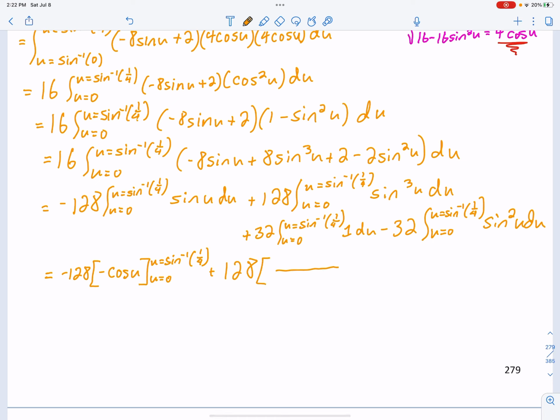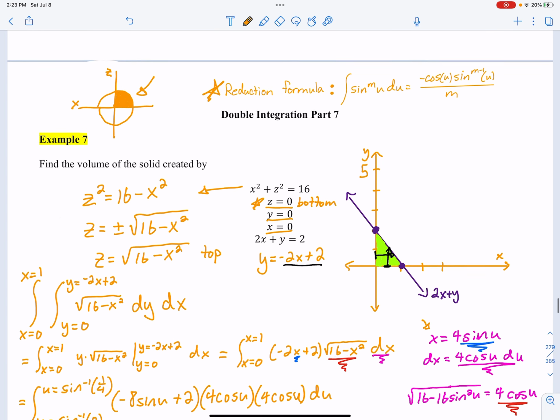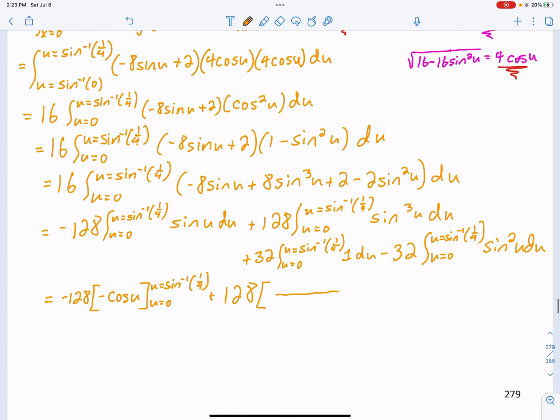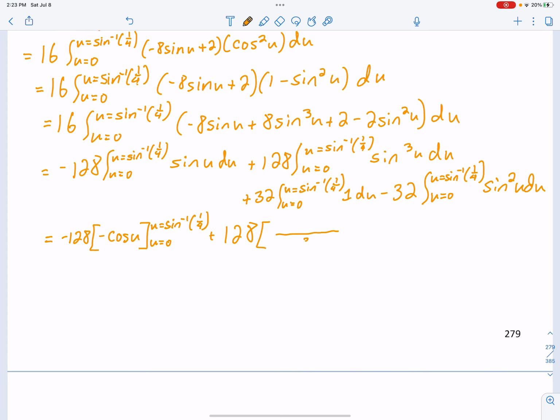So that is, it says put m on the bottom. M was my variable. If you need to go up here and look at it, please do. So m goes on the bottom, so that was a 3. And then we have a negative cosine of u times sine of 1 minus m, so it's 2u. This is ran from u equals 0 to u equals inverse sine of 1/4.